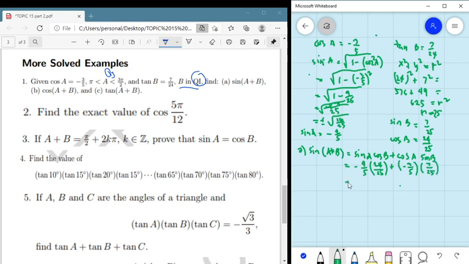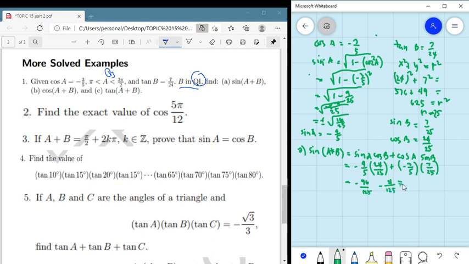So 24 times 4 is 96, so it's negative 96 over 125, then minus 21 over 125.